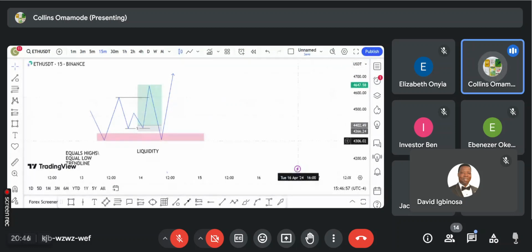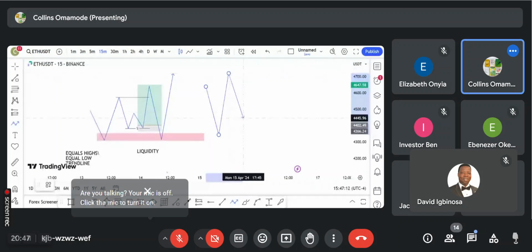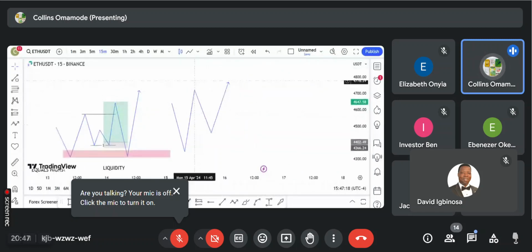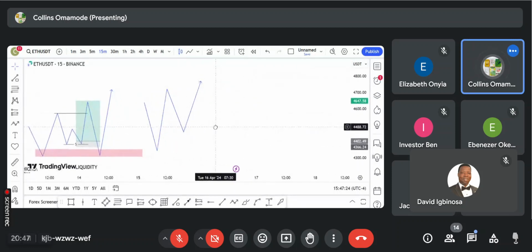And yesterday I was talking about the major type of liquidity that you will always see in the market, which are your structural liquidity. I told you that if you have something like this, all your highs and lows are liquidity.